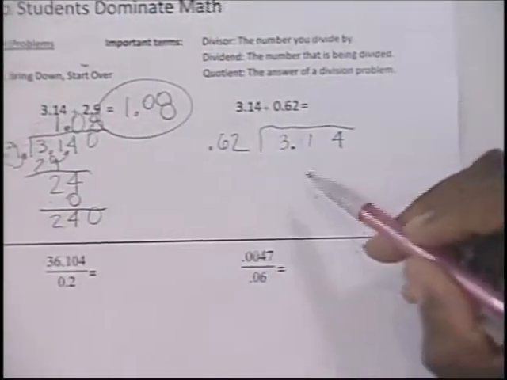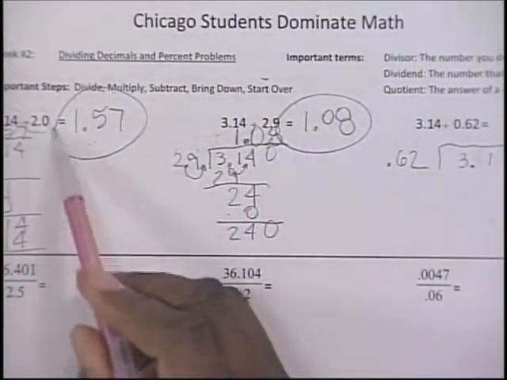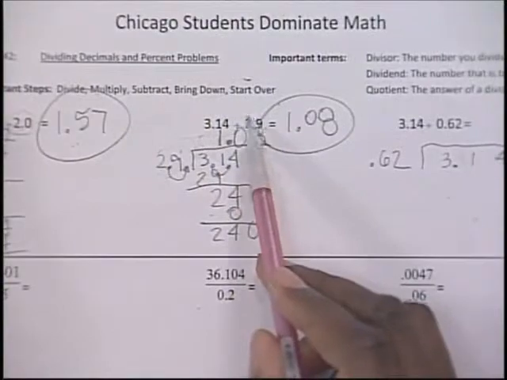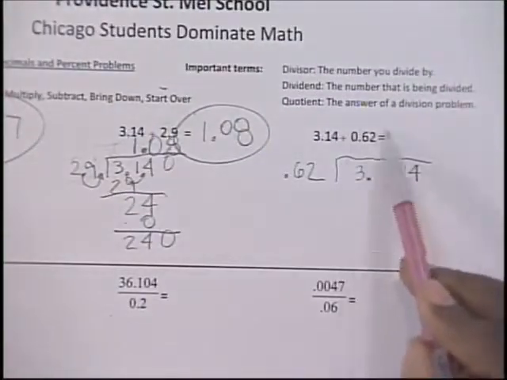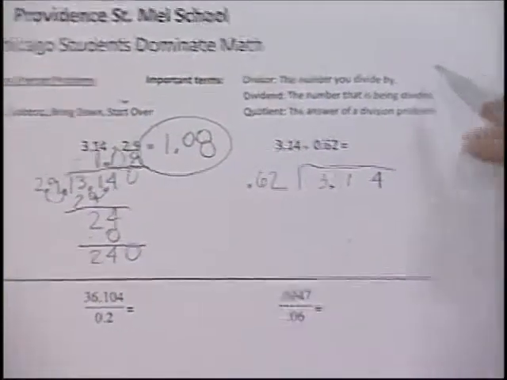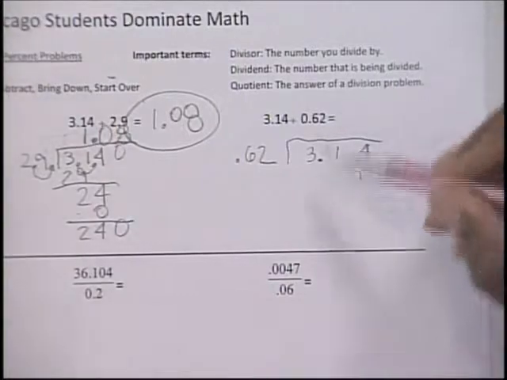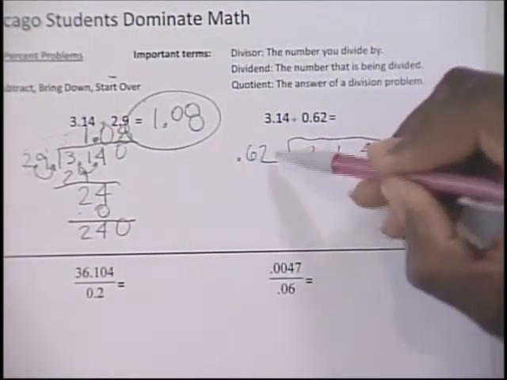Hopefully you see the difference between this problem and the last one. The divisor there was really just a whole number with one decimal place, 2.9. The divisor here has two decimal places. That's the only difference. All right, so as we said before, what I want you to do is make this a whole number.